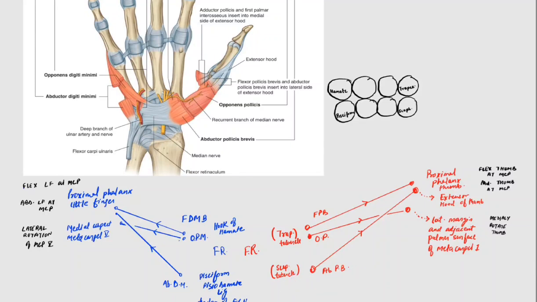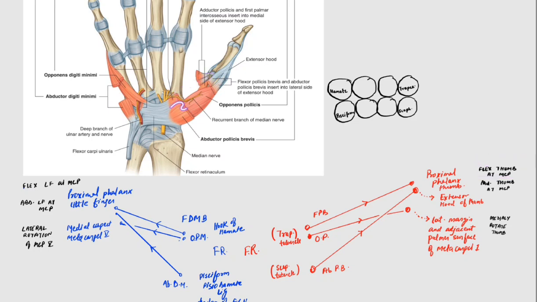The first will be the flexor pollicis brevis. It originates from the flexor retinaculum as well as the trapezium tubercle, and it attaches to the proximal phalanx of the thumb. It will cause flexion of the thumb at the MCP joint.